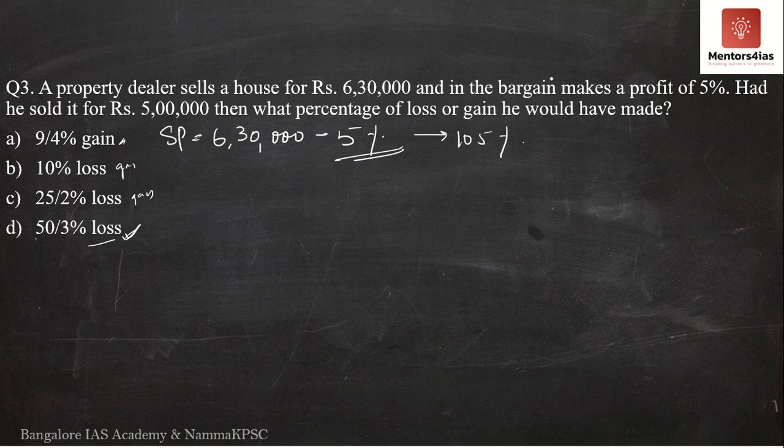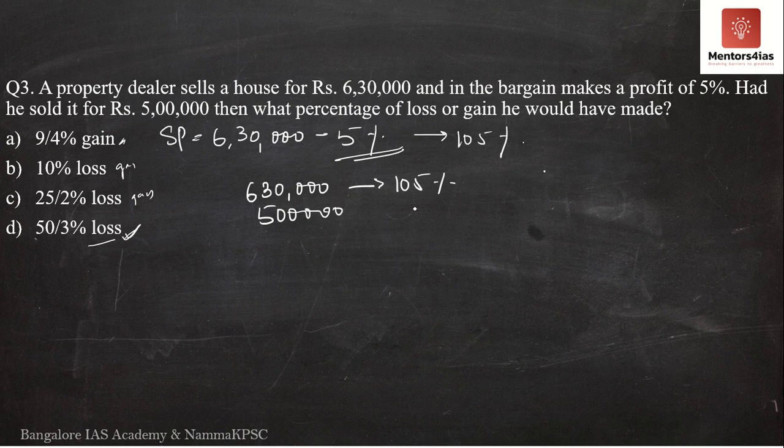So according to this question, had he sold it for rupees 5 lakhs, then what is the percentage of loss or gain? Obviously it is loss, but we have to determine what would have been the loss percentage. So same thing, if 6,30,000 is 105%, what is 5 lakh? What percentage would it have been? So what are we going to do?